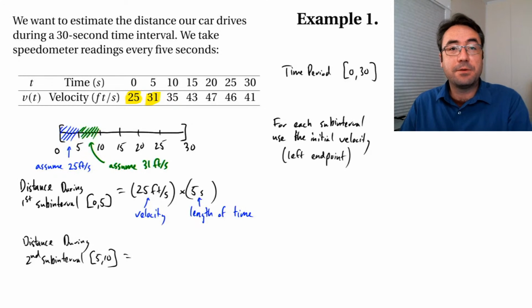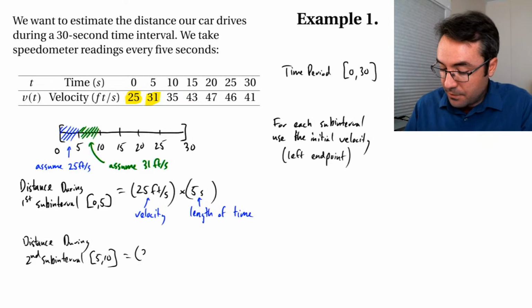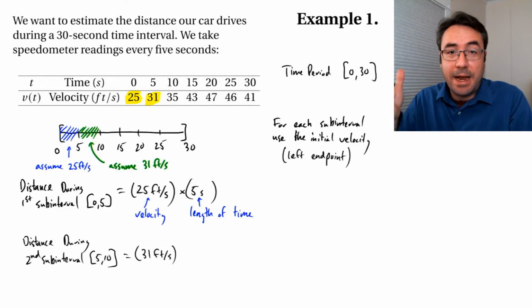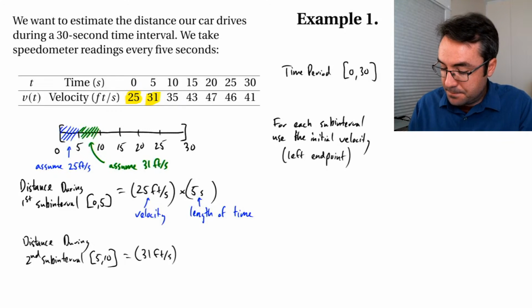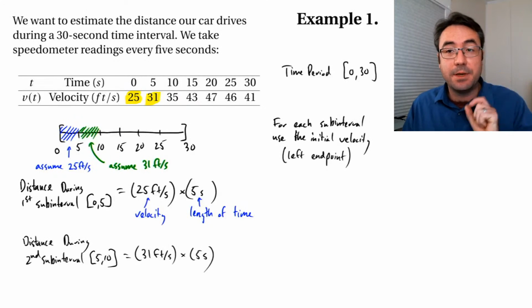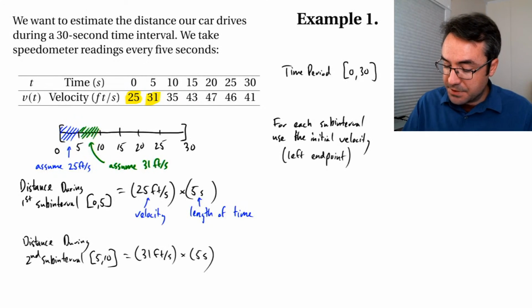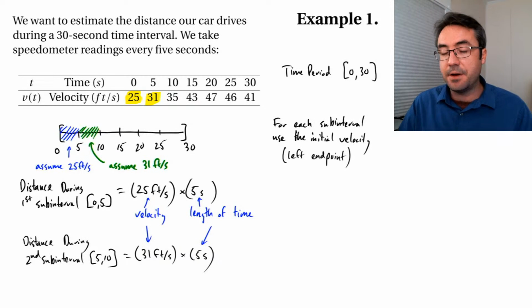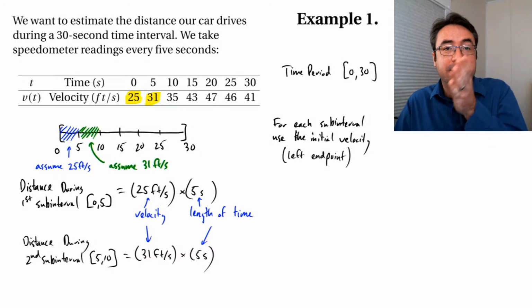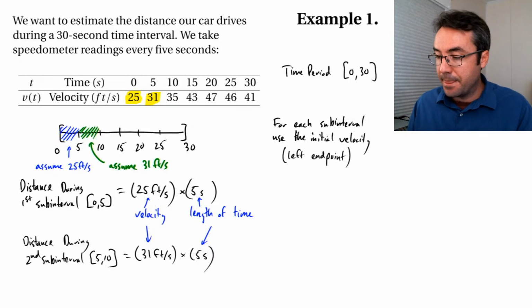And so to figure out the distance that we travel during that time, we just take our velocity, which we're assuming to be constant, 31 feet per second, and multiply that by how many seconds we actually travel, so 5 seconds. And that's our total distance during that subinterval. Again, this is our velocity, and this is the amount of time that we're traveling during that subinterval. From 5 to 10, there's 5 seconds there.